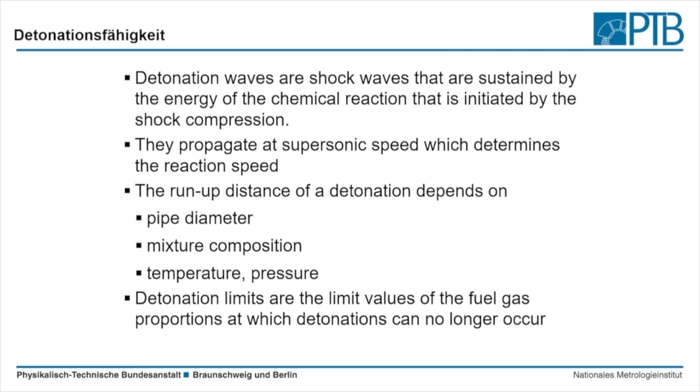We have seen it yesterday with the example of hydrogen, where I explained that there is a company responsible for safety assessment, which has written on their homepage, hydrogen does not explode below 18%. This is of course not correct.